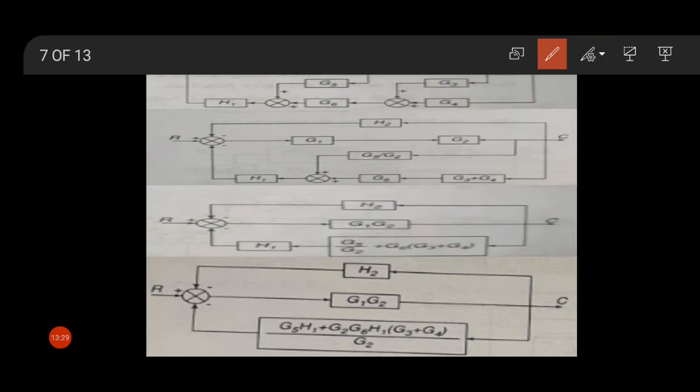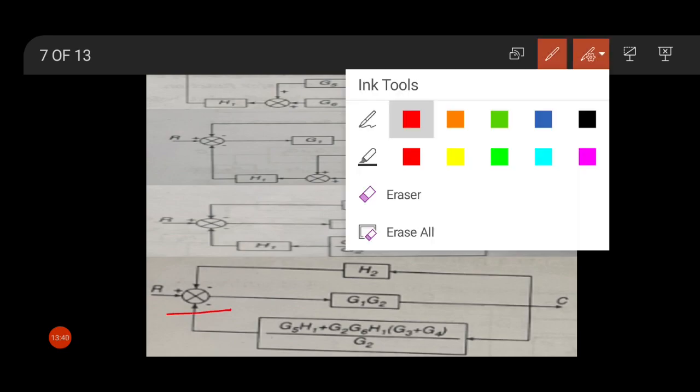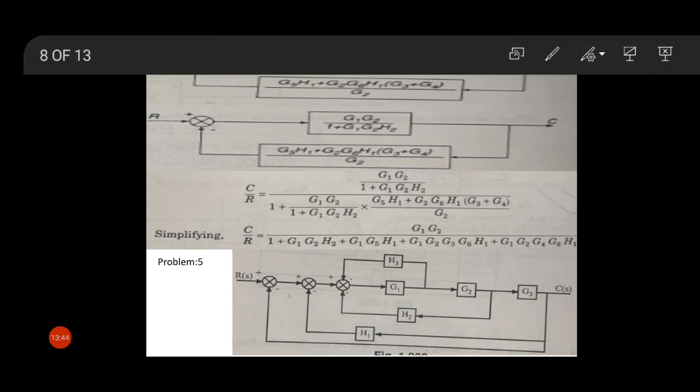Come to the next. Now we split this summing point, and we get this structure, the first one. Here we see there are two feedback loops.